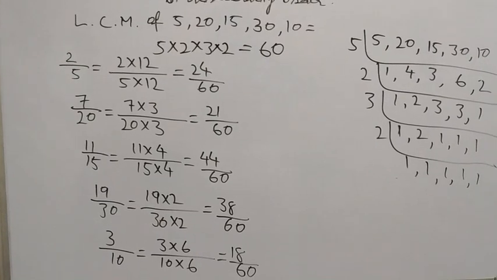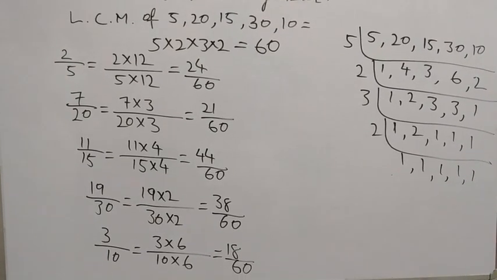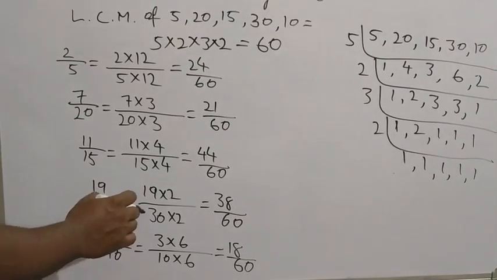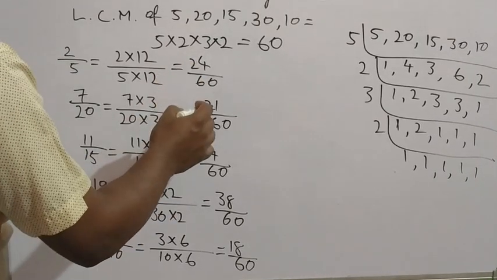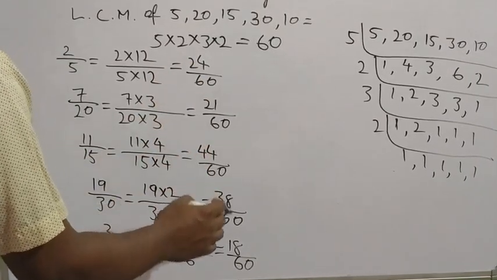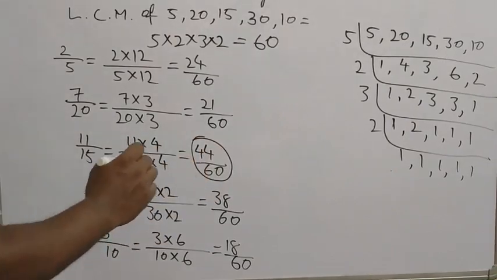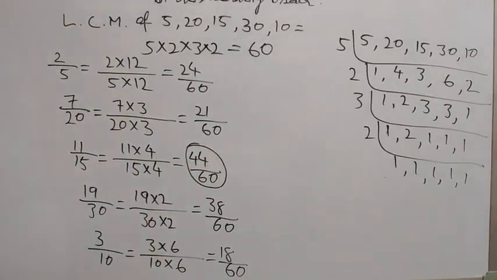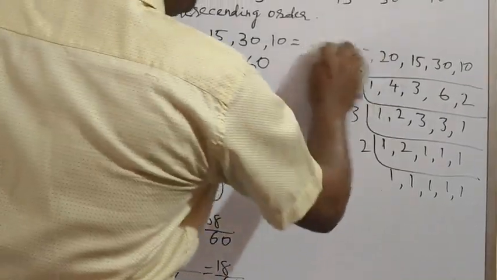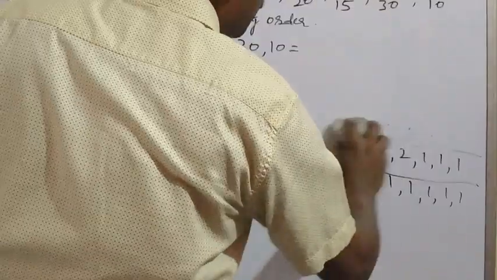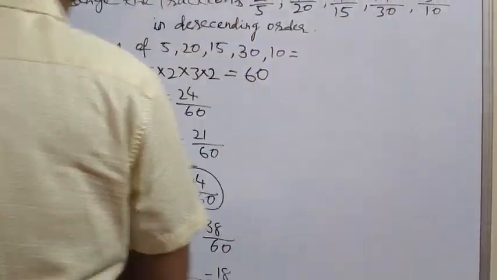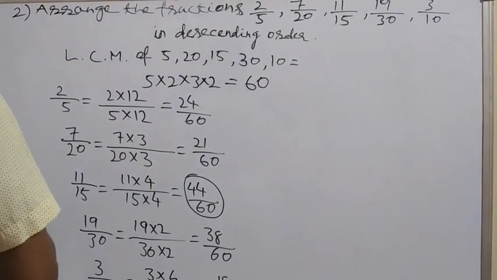Now we have to compare which one is the greatest number. Out of 24, 21, 44, 38, 18, this one, 44, is the greatest number. So first you write this one. In descending order we have to arrange, from greater to smaller.